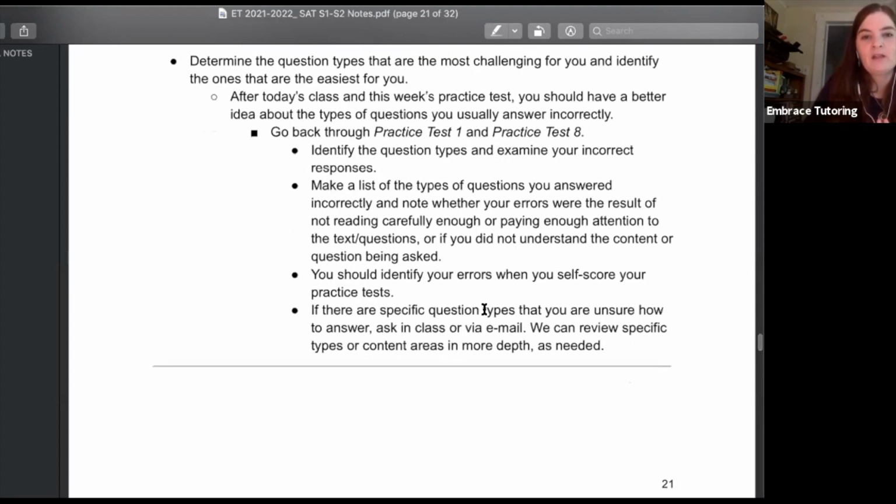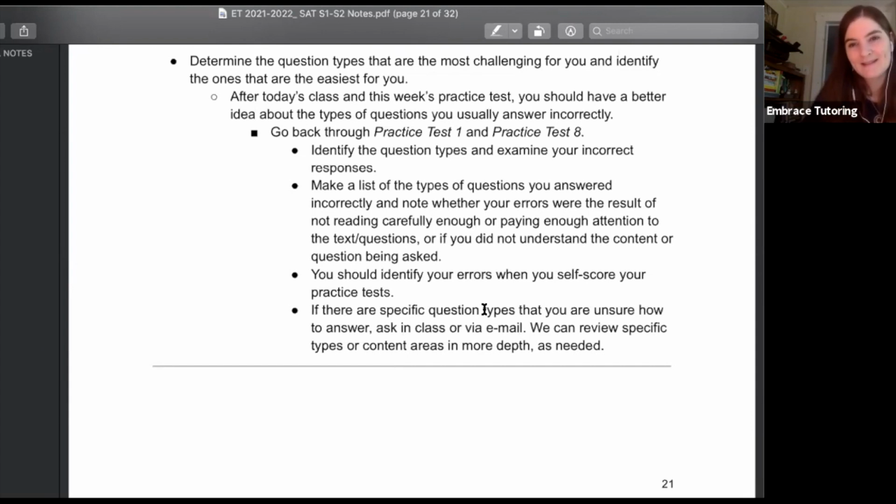Everyone should also be making sure that you're identifying the types of questions that are the most challenging for you and the ones that are the easiest. Even though I've gone through a particular order of questions in my recommendations, what is best for most students doesn't necessarily mean that this is the best order for you.